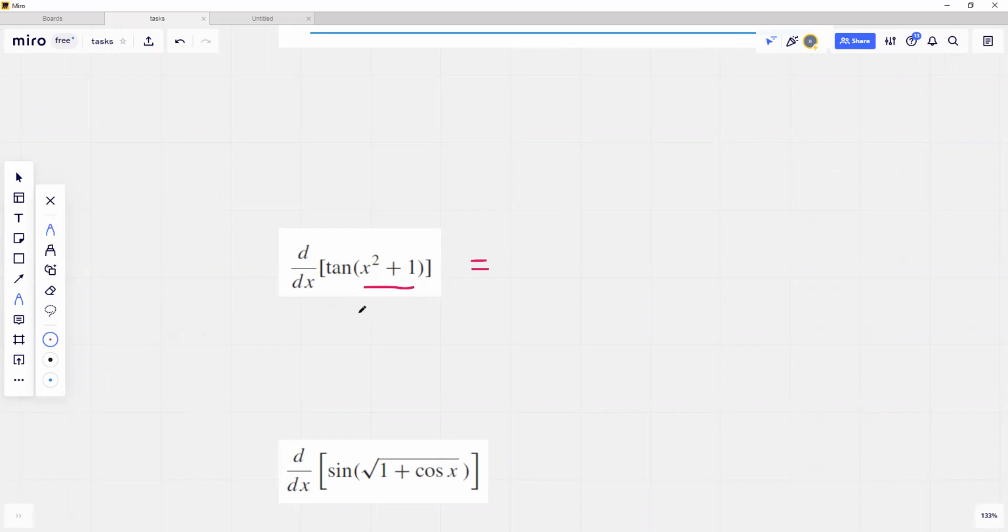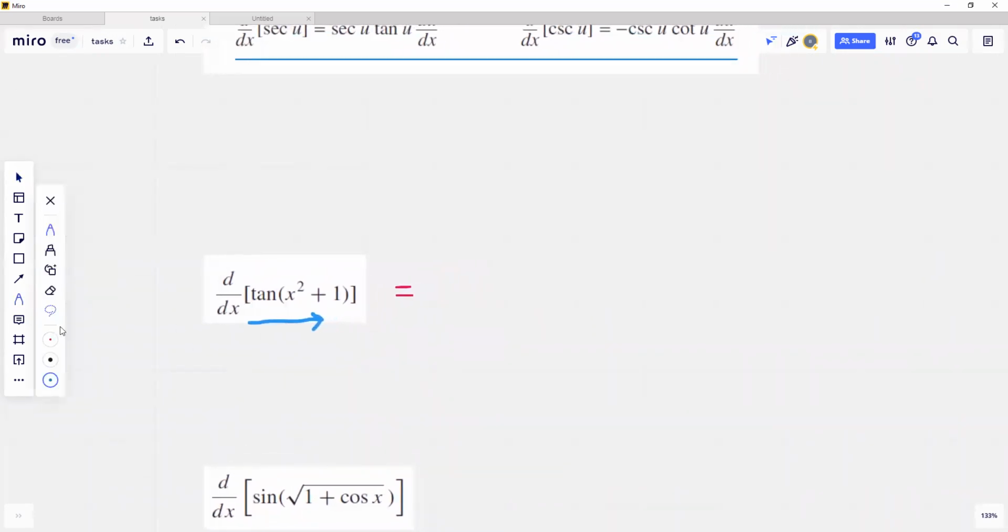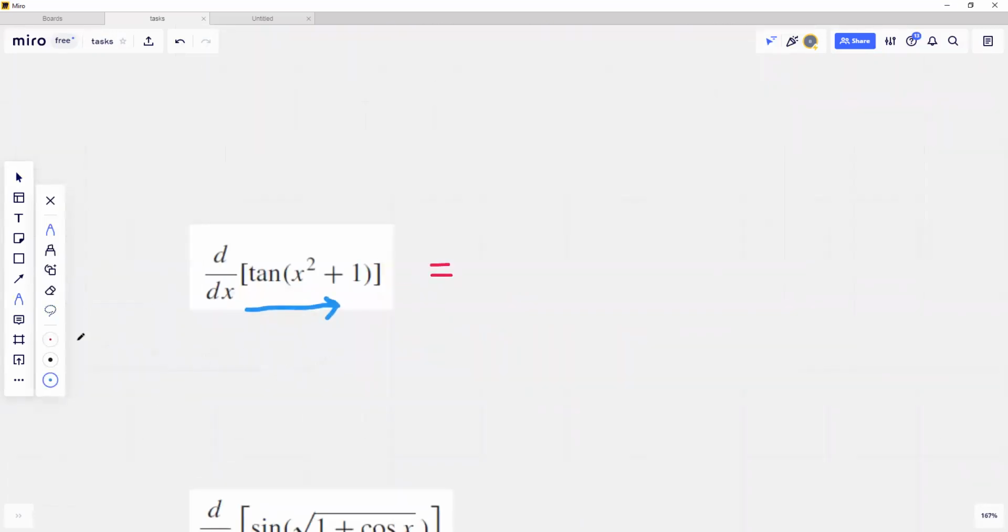Now let's take the derivative of tangent of x squared plus 1. We start by taking derivatives of outer functions and moving inside and taking derivatives of inside functions. So our outside function is a tangent of x squared plus 1. So we take its derivative at x squared plus 1. For simplicity, replace that x squared plus 1 for now as, let's say, theta.